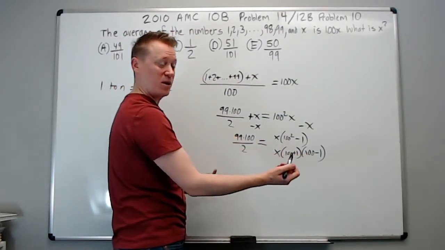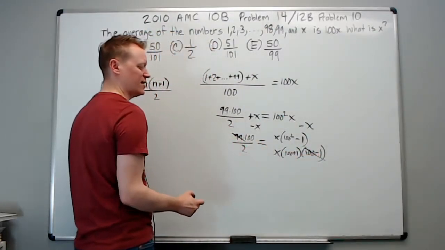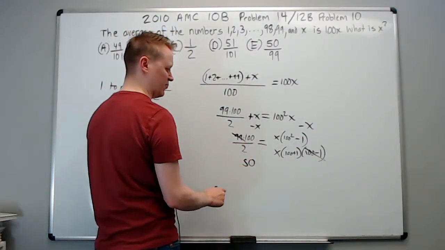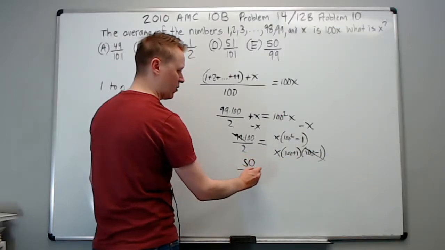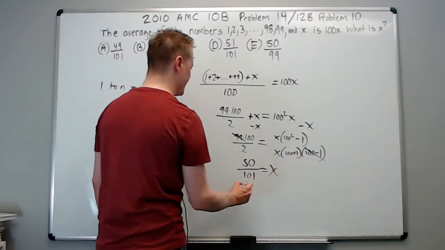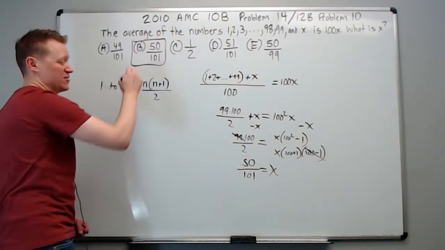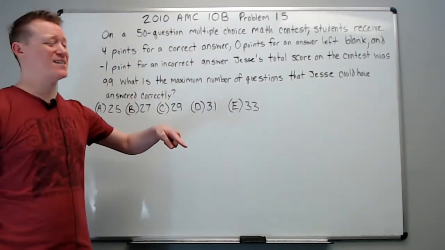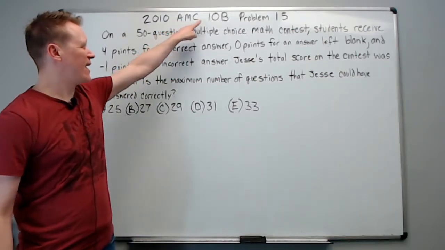What's 100 minus 1? Well, it's 99, and there's a 99 over here. So now, yeah, go ahead. I guess you do want to get that 50, and then you're going to divide by 101 to get x. That's answer choice B.